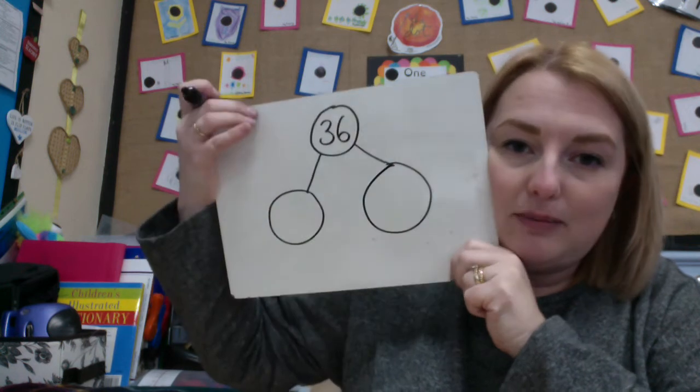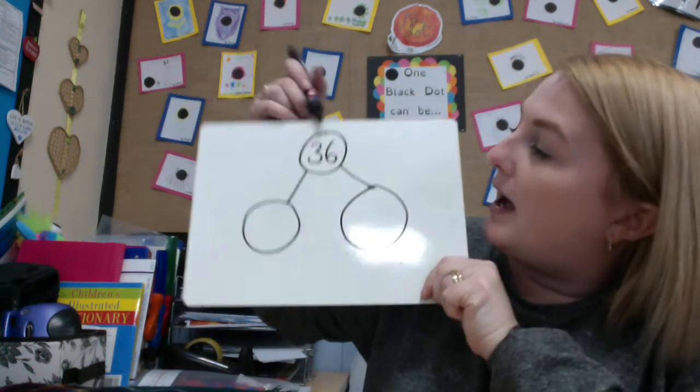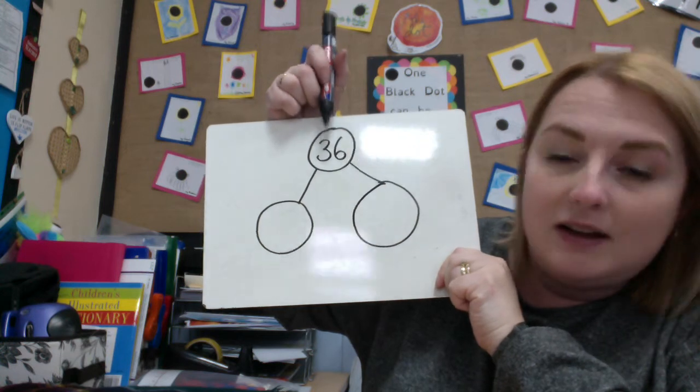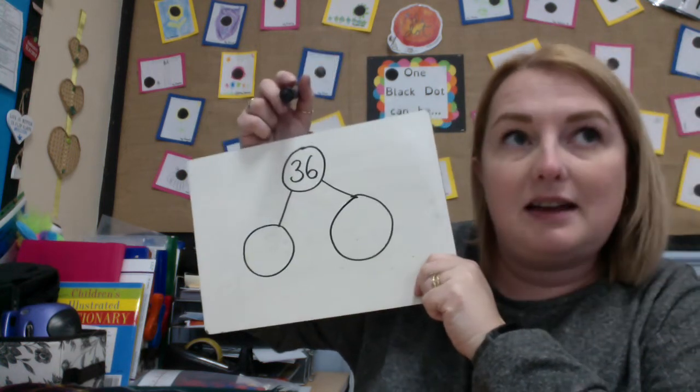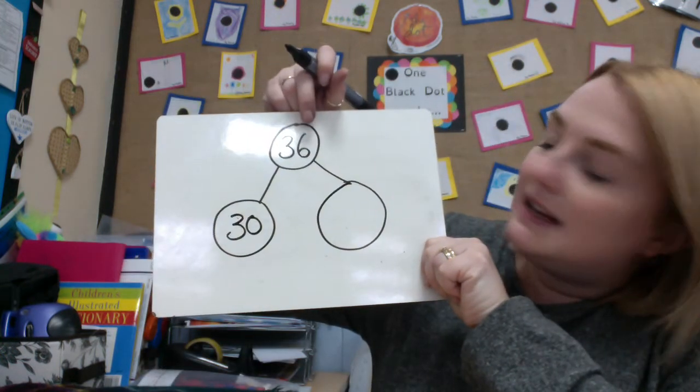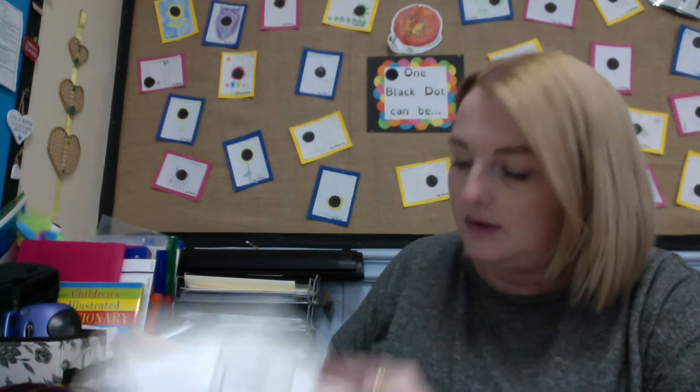So I see from 36 that I have got 3 in my tens column, so my first column. That's 3 lots of 10 is 30. 10, 20, 30. So I could put a 30 this side, showing my tens. And 36, I have 6 ones. So a 6 would go in my other side.